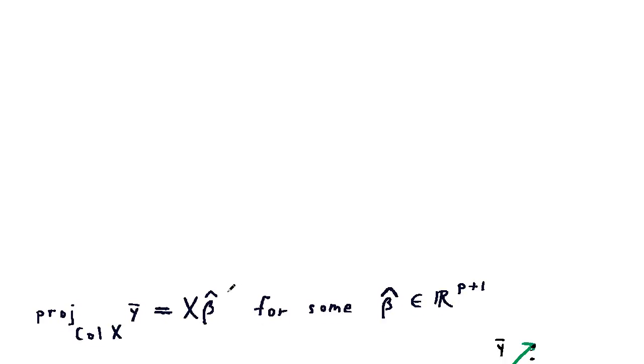The reason for that is that the projection of y onto the column space of X is going to be a linear combination of the columns of X. So here beta hat represents the weights for that linear combination.